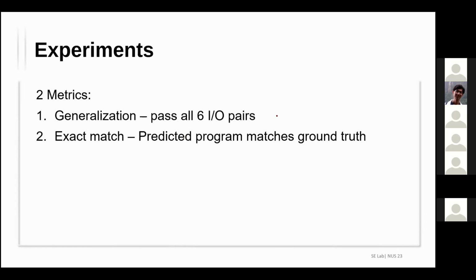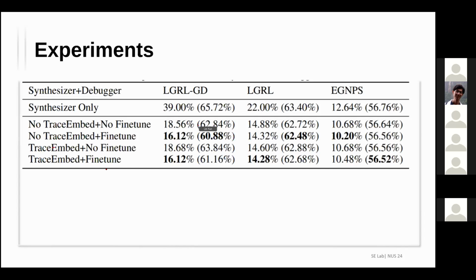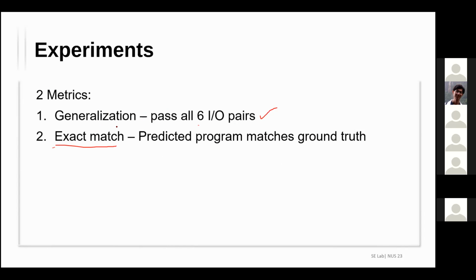And this is actually the focus of it, because exact match is quite hard to achieve. It must be a perfect match, which means that from the program instruction level it will be an exact match. But generalization means that as long as the input and output are the same. So actually their focus is on the generalization.